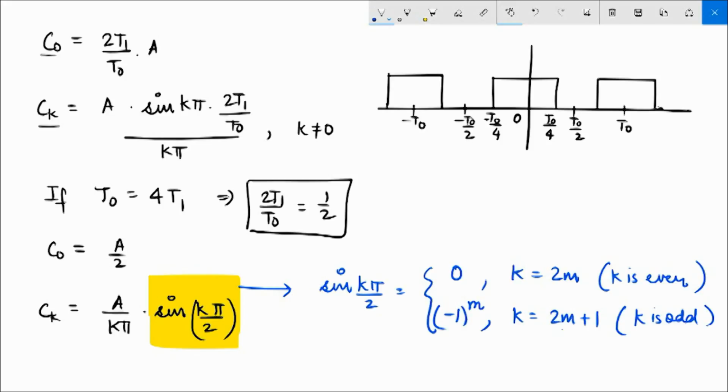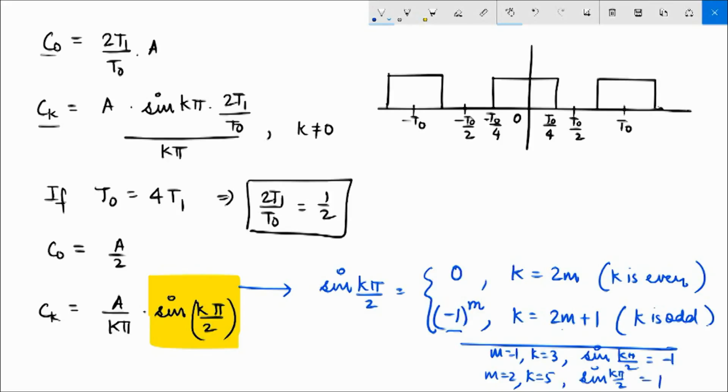When m is equal to 1, that means k equal to 3, we found that this term was equal to minus 1. So minus 1 to the power 1, minus 1. For k equal to 5, that means m is equal to 2. That time sine k pi by 2 will come out to be 1 again.